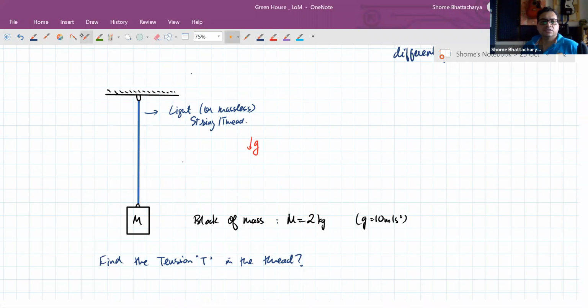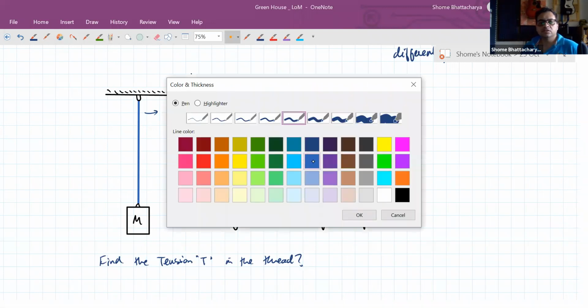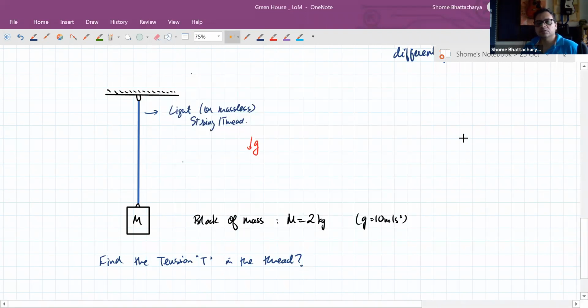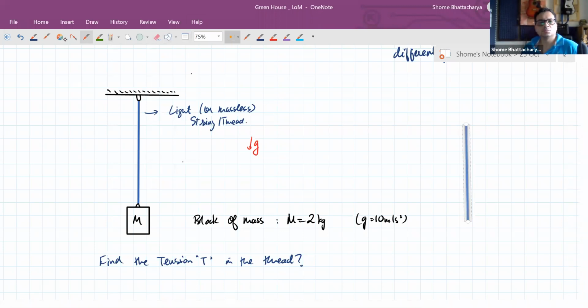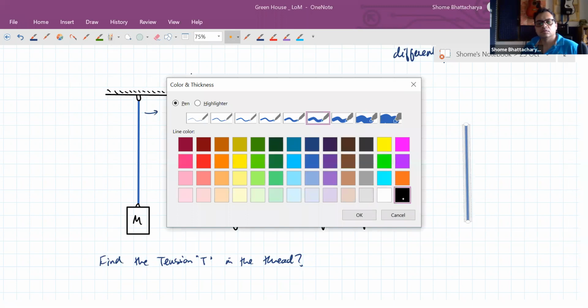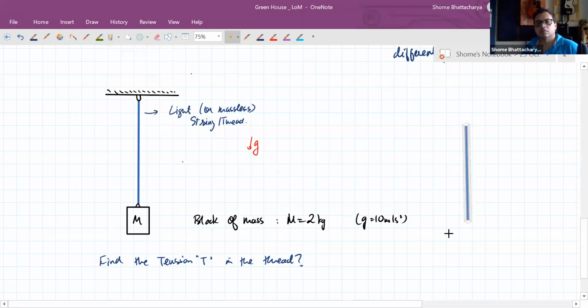For that, if we just for a moment visualize both the things that are part of our system, one is this thread, and the other is this block which we have suspended to it using this hook, and of course we have also got the hook on top.